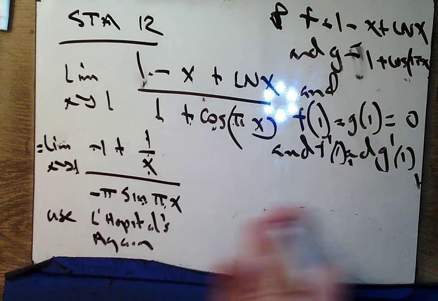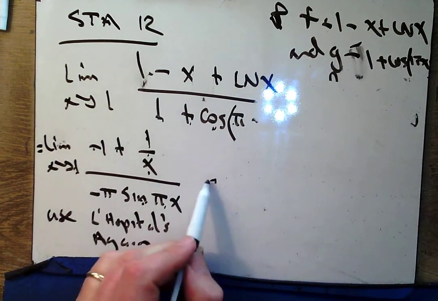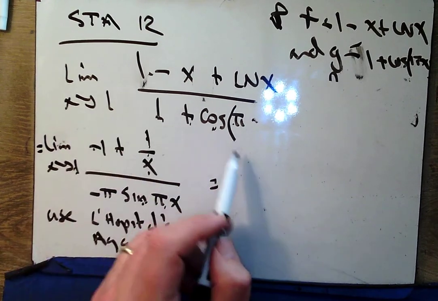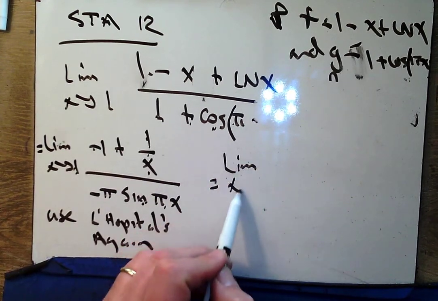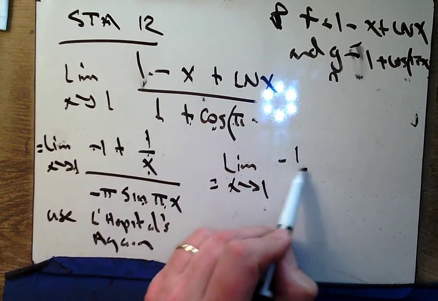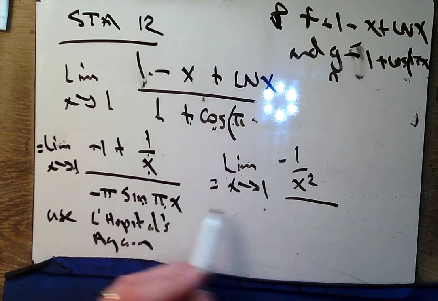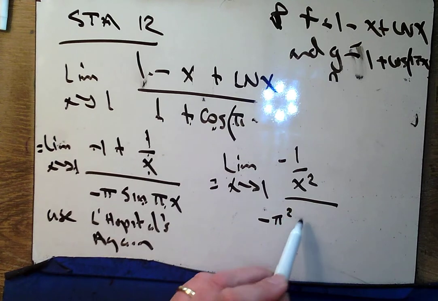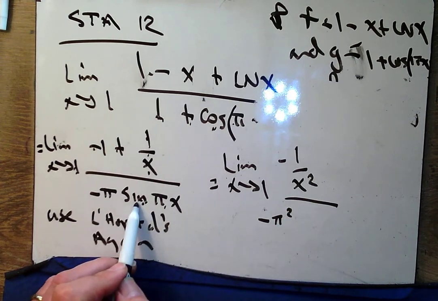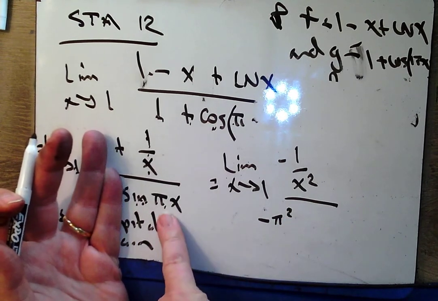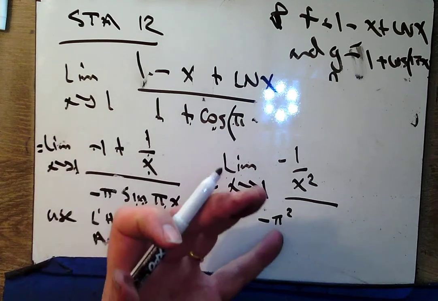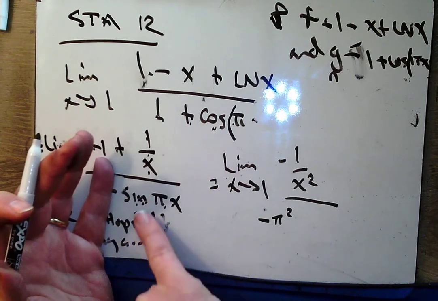Okay, so let's use L'Hopital's rule. L'Hopital's rule takes the derivative of this. We've got the limit as x heads to 1, negative 1 over x squared. And if I take the derivative of this, I get negative pi squared. The derivative of that is a constant, right? That pi times that pi gave me that. So I've already done the inside of the chain rule.